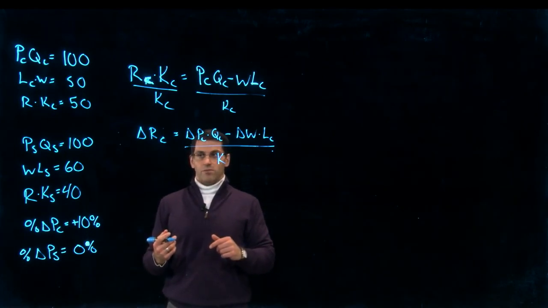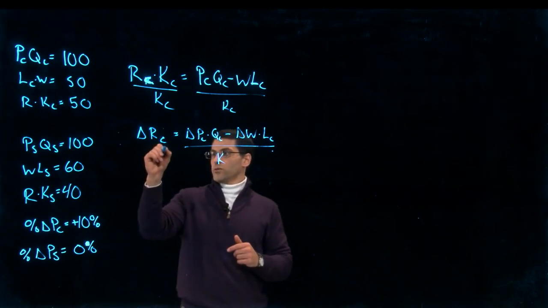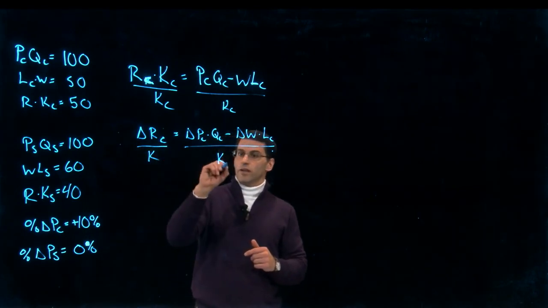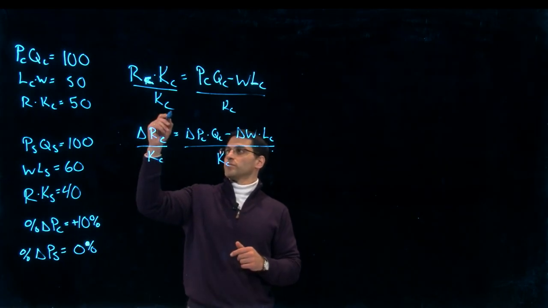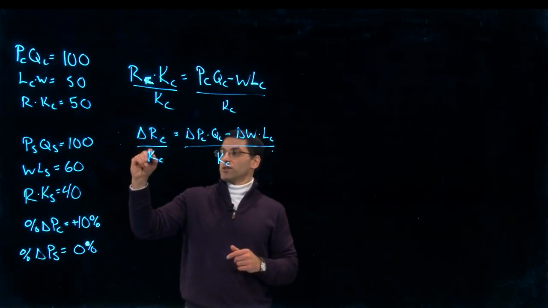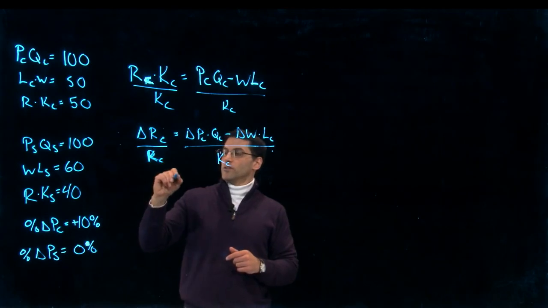So how do you do that? Well, you divide through by KC that we had. So change in R times R, the rental rate in computers.